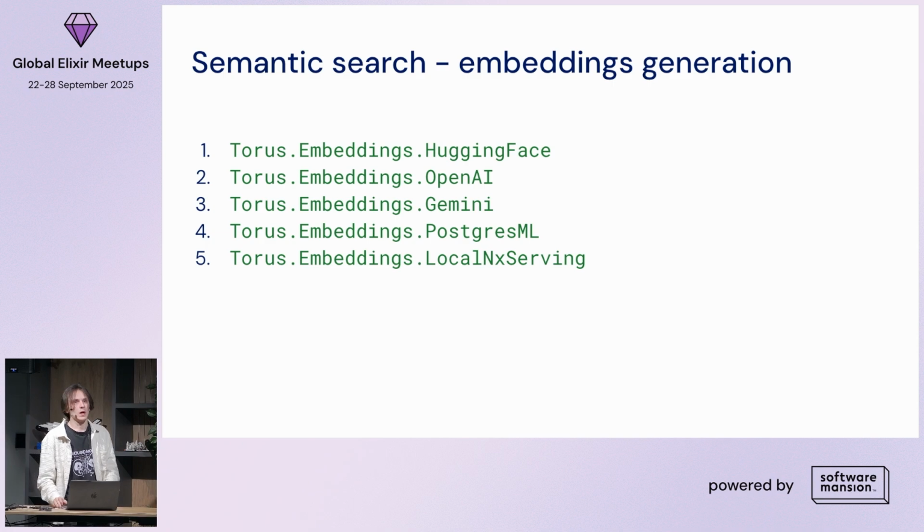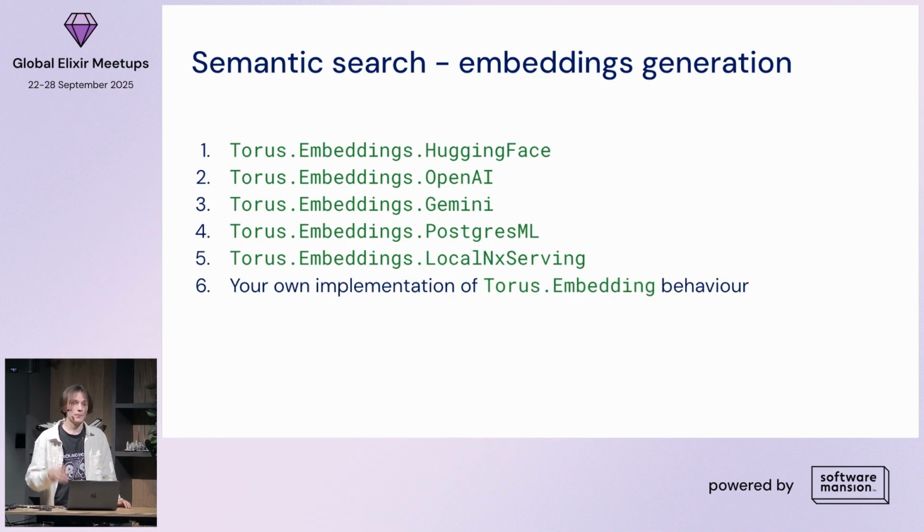But if you want to have your Elixir machine be GPU heavy, then you can use local Nx serving to do that, which is also provided with Torus. But maybe you have your own idea on how to generate embeddings, and then you have the Torus embedding behavior, which you can implement, and then you can do whatever you want. You just receive a string, and then you return a vector. There is the contract, and you can do whatever you want.